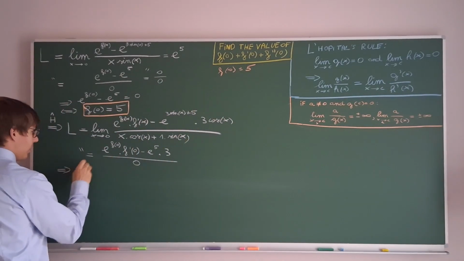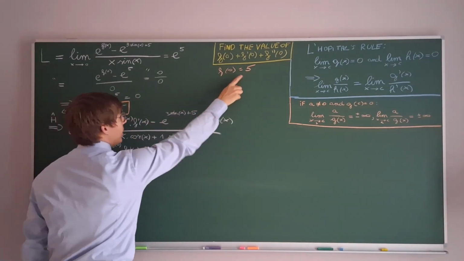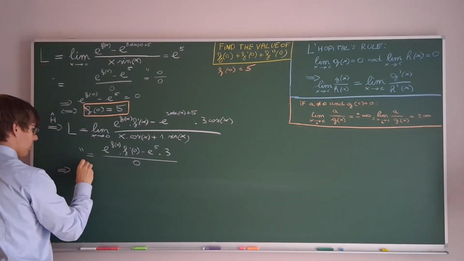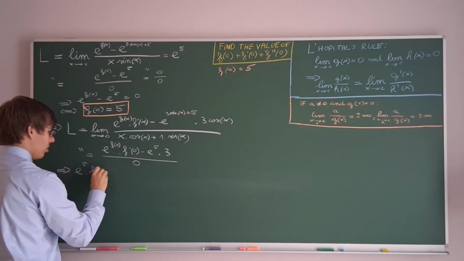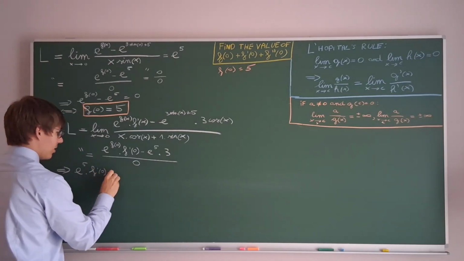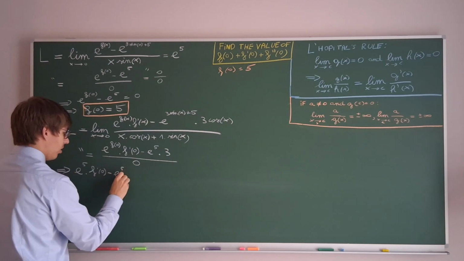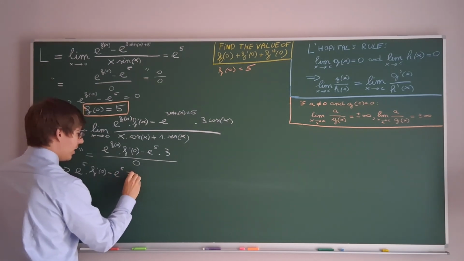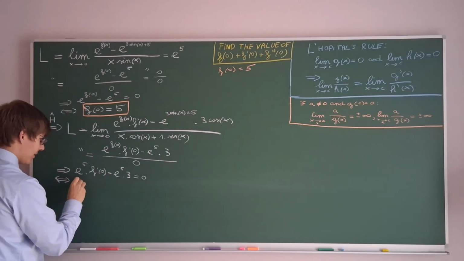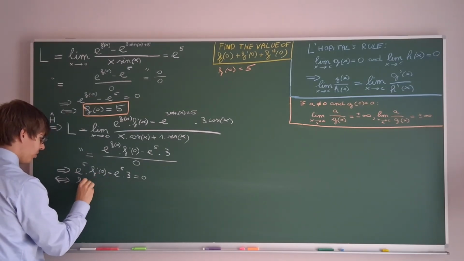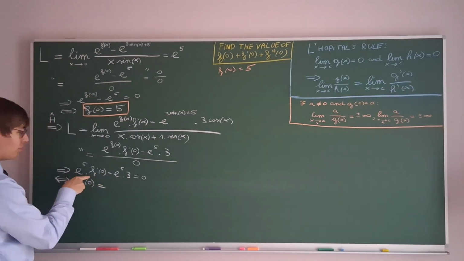So we get e to the f of 0, which is e to the fifth, times f prime of 0 minus e to the fifth times 3 is equal to 0, from which we get that f prime of 0 is equal to 3.